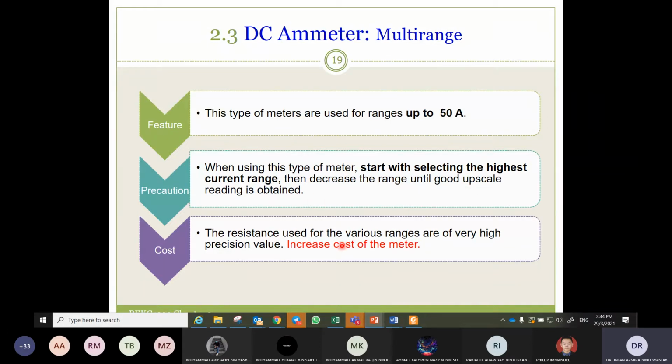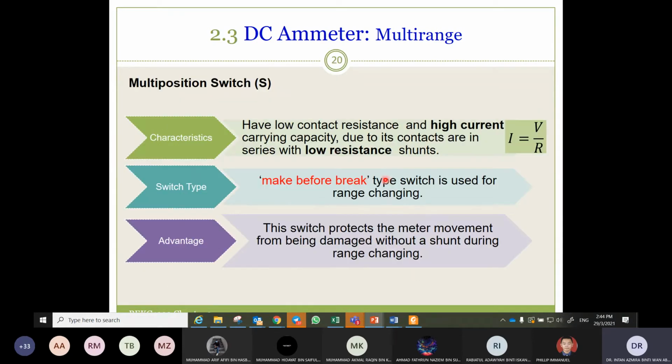The resistors used for the various ranges are of very high precision value, which increases the cost of the meter. You can read this. What is a multi-position switch? It is make before break, meaning that the switch protects the meter movement from being damaged without a shunt during range changing.